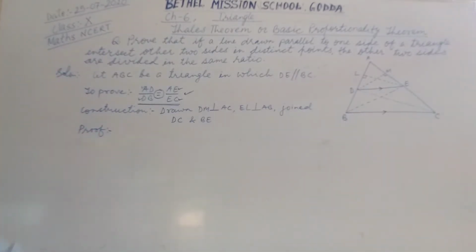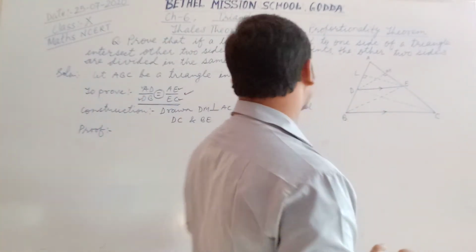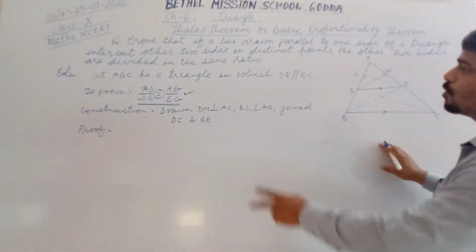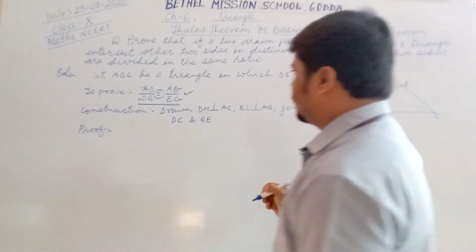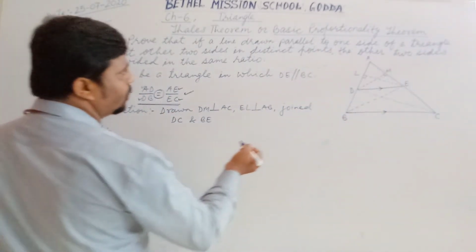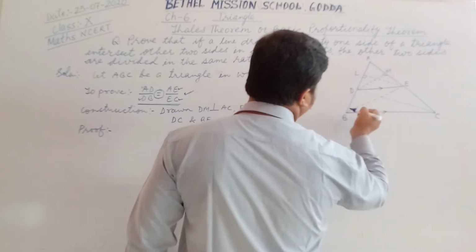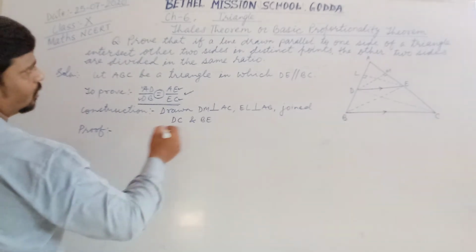In the proof, we need evidence. You can see in this figure what evidence we will use to prove this theorem. First of all, we will find the ratio of the areas of two triangles.